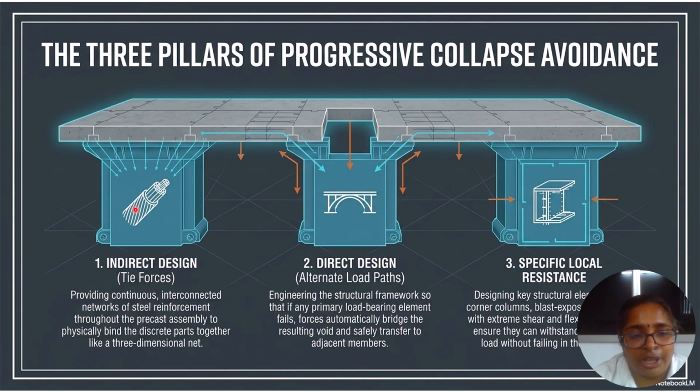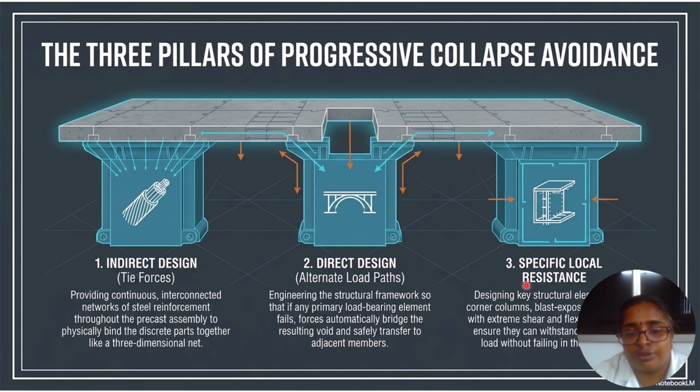First one is indirect design: tie forces, providing continuous interconnected networks of steel reinforcement throughout the precast assembly to physically bind the discrete parts together like a three-dimensional net. Direct design, alternate load paths: engineering the structural framework so that if a primary load-bearing element fails or is removed, forces automatically bridge the resulting void and safely transfer to the adjacent members.